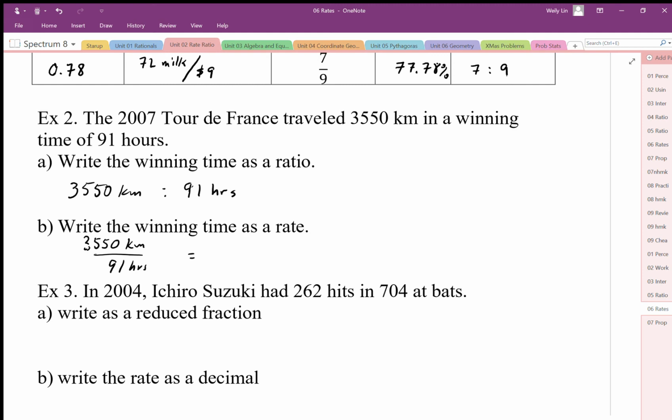So 3550 divided by 91 is 39.01 kilometers per hour. 39.01 kilometers per 1 hour. It's still a rate. We still have a ratio of comparison here, but now this is a rate that's much more familiar to us. So these guys were riding at an average rate of 39.01 kilometers per hour for the whole entire race.